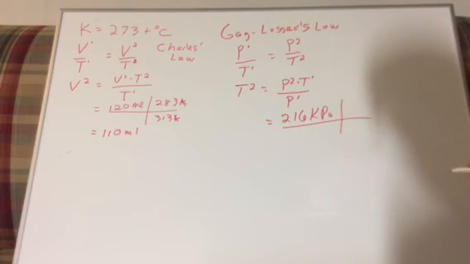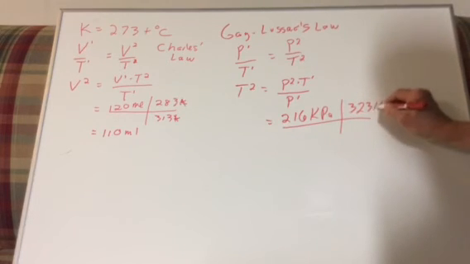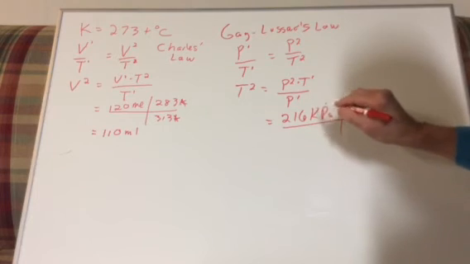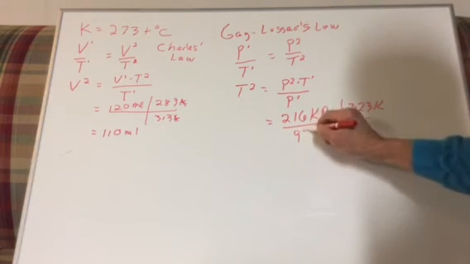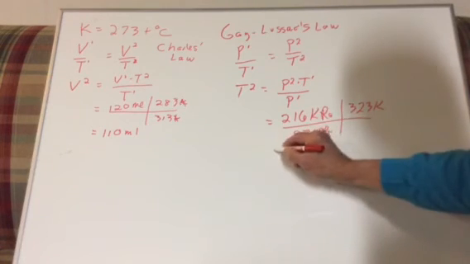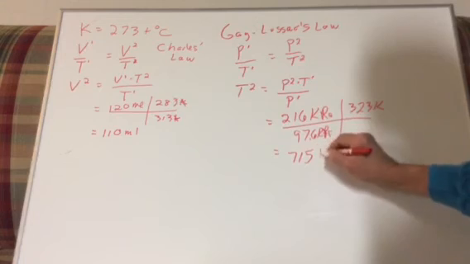The initial temperature is 323 Kelvin, and the initial pressure is 97.6 kilopascals. Units cancel, and you're left with an answer of 715 Kelvin.